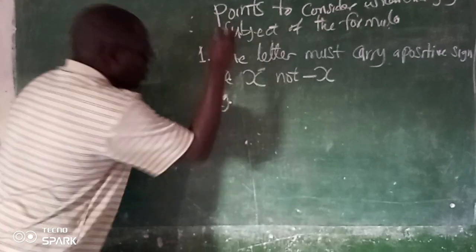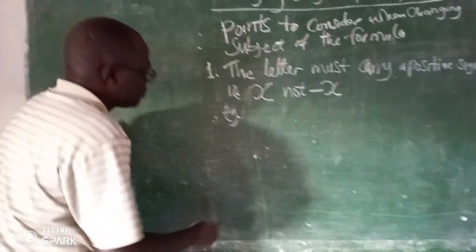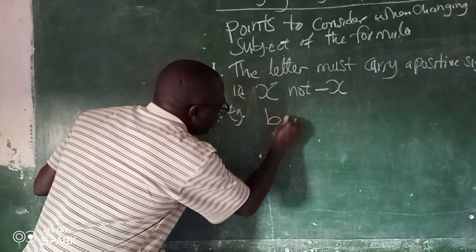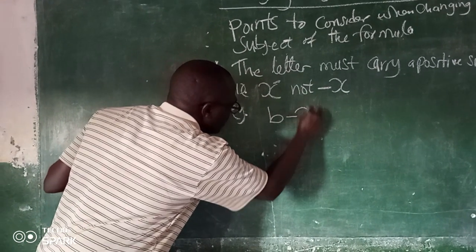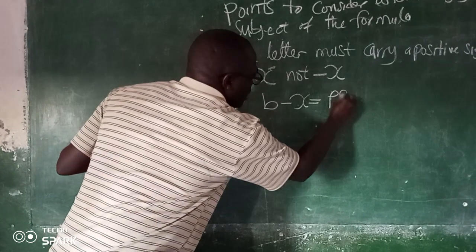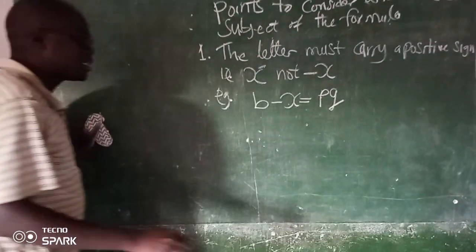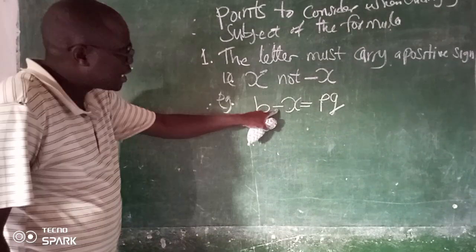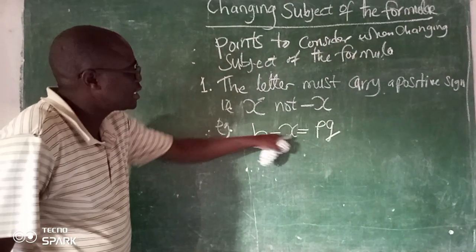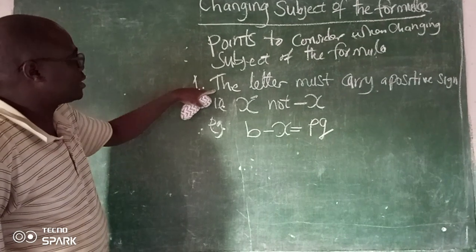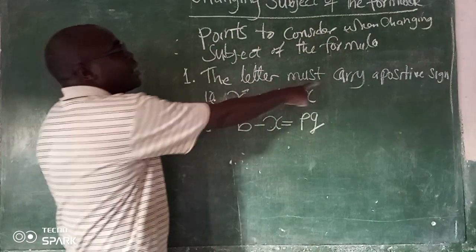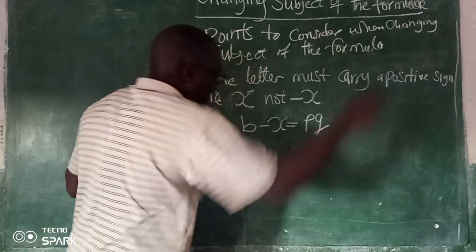Example: we have B minus X is equal to PQ. Here we see that our X has a negative sign. But the rule says the letter must carry a positive sign.